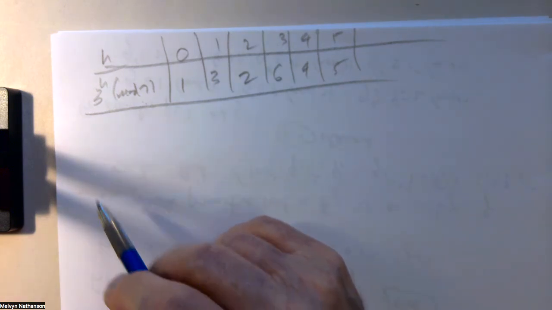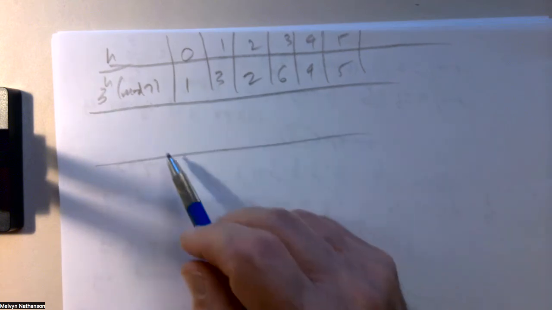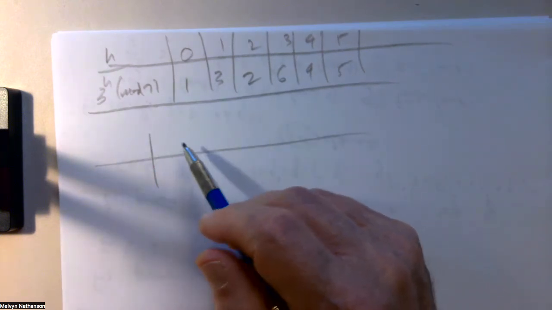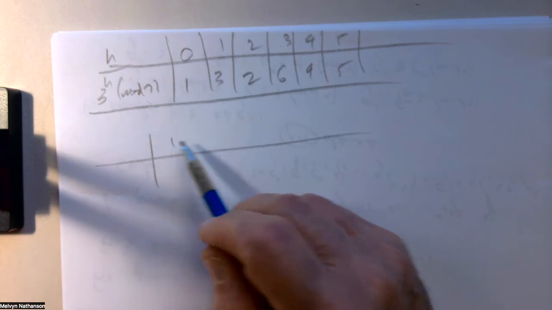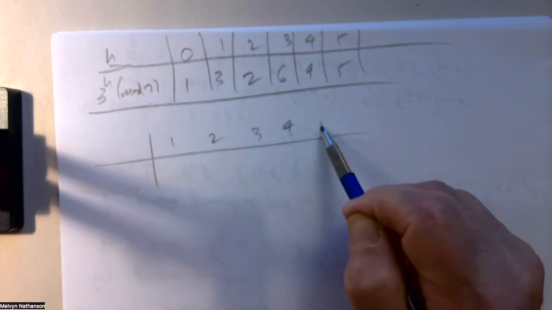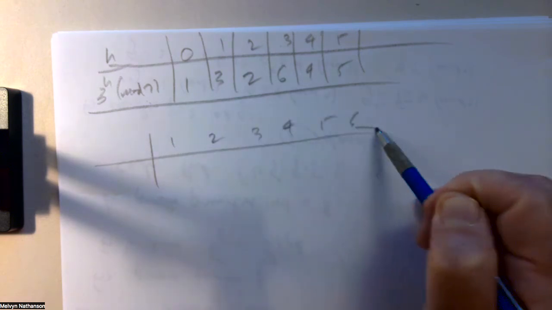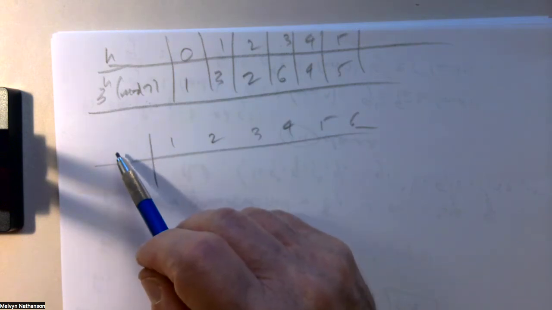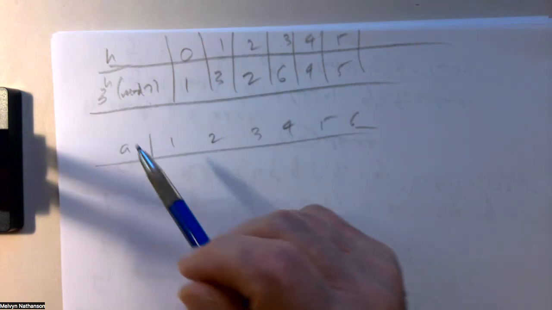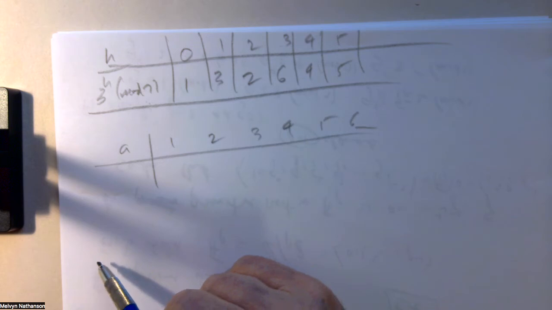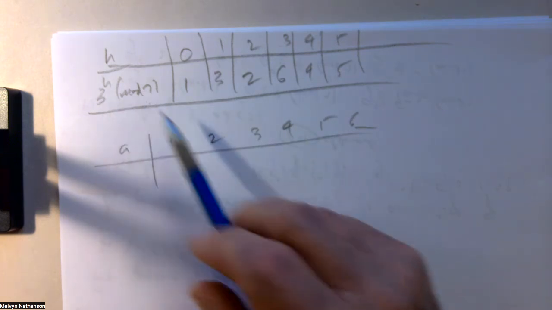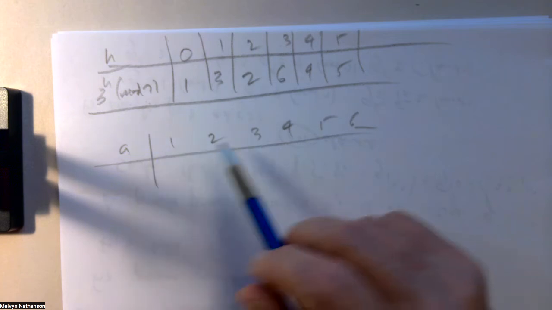Now we could ask the following. Given any number A, 1, 2, 3, 4, 5, 6, what power of 3 gives you the number A mod 7?